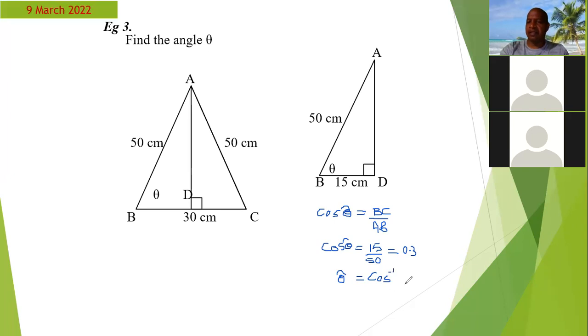So cos inverse of 0.3. You would use your calculator to do that and get 72.542, which rounded off to the nearest whole number is 73 degrees. So theta would be equal to 73.